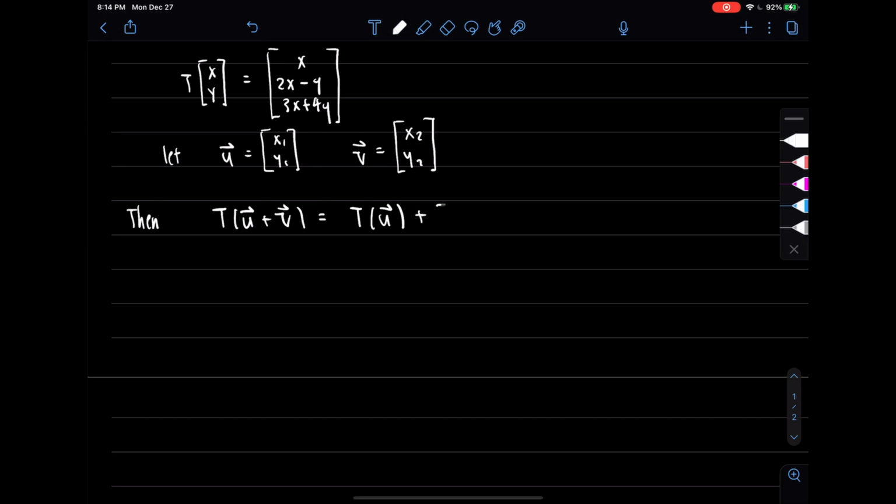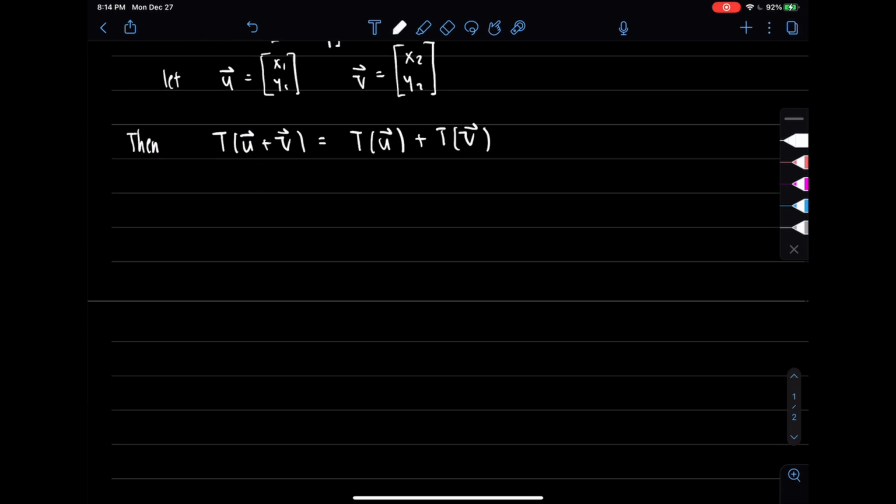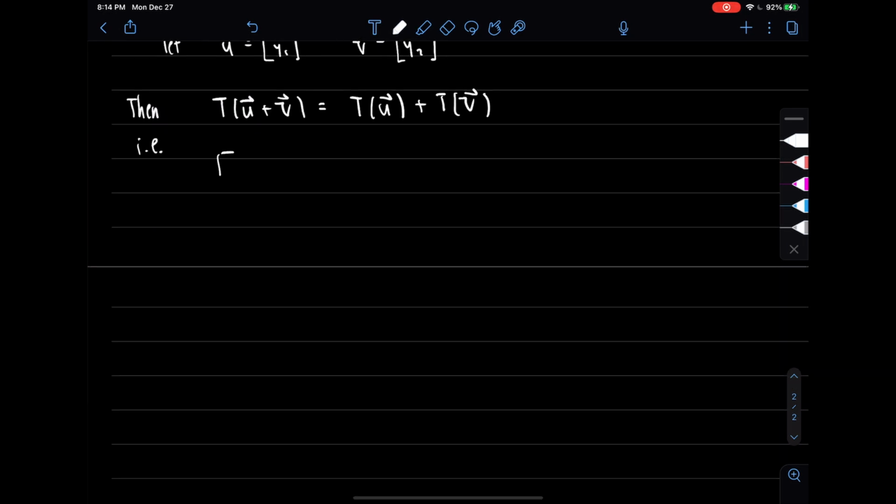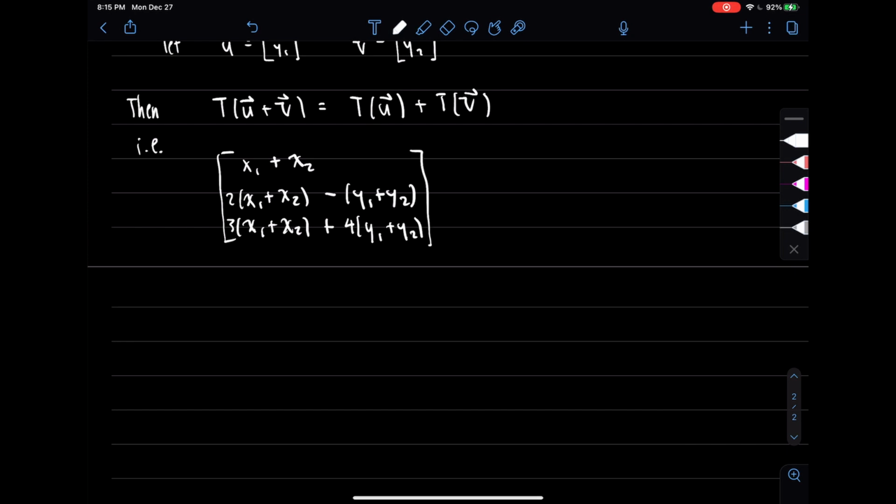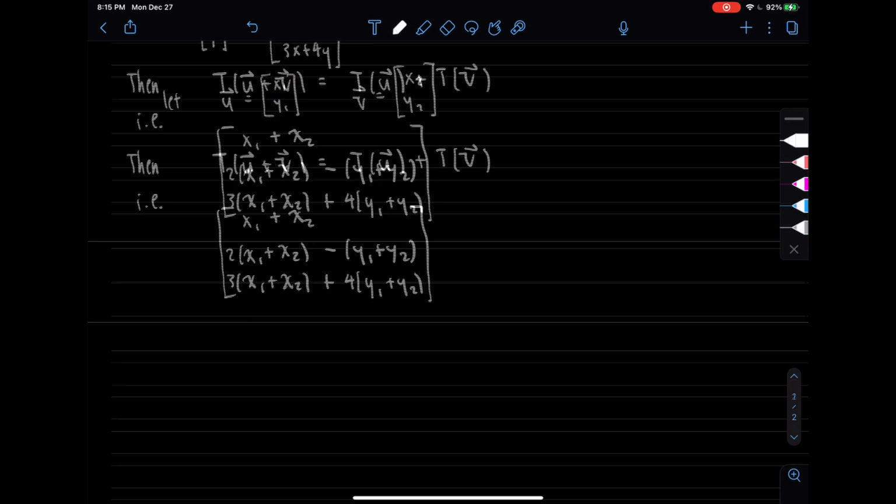Well, we know that for linear transformations, addition is you basically just add the two together. So x1 plus x2, 2 times x1 plus x2 minus y1 plus y2, and so on and so forth. So this seems simple enough.